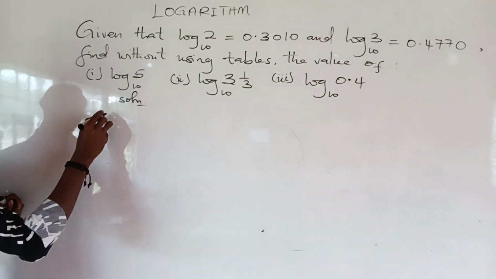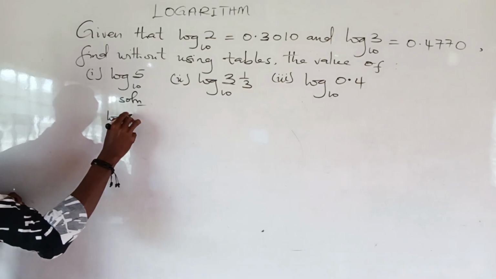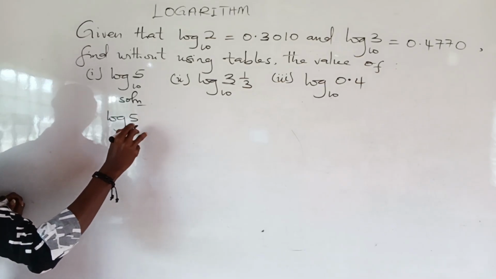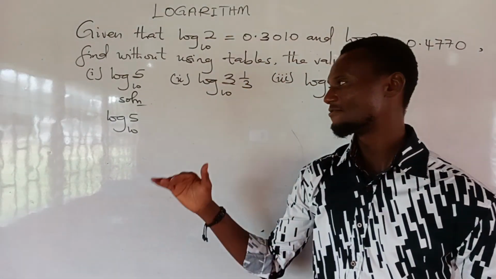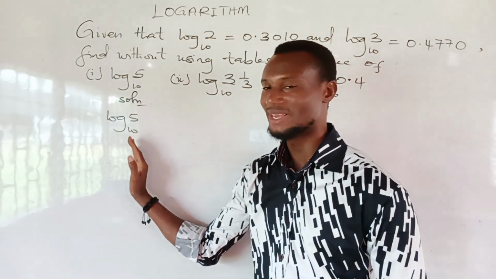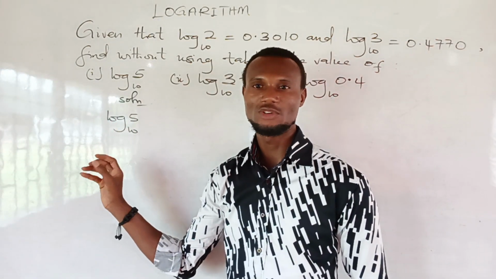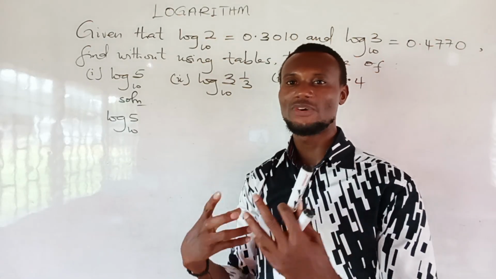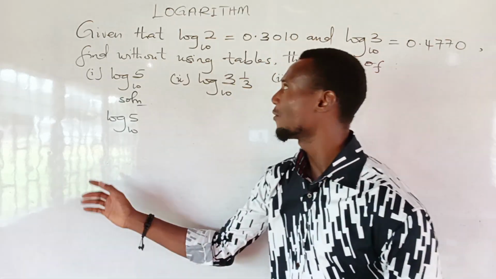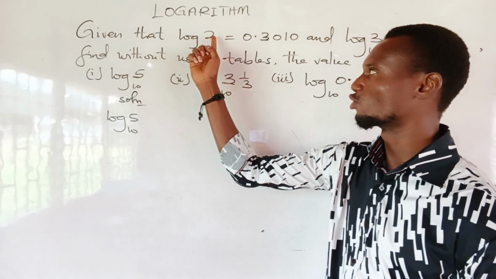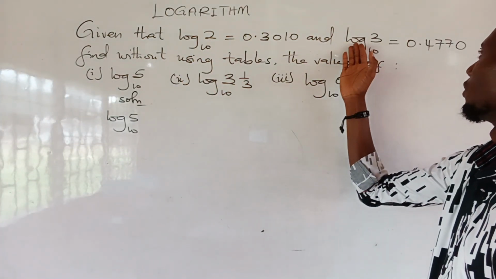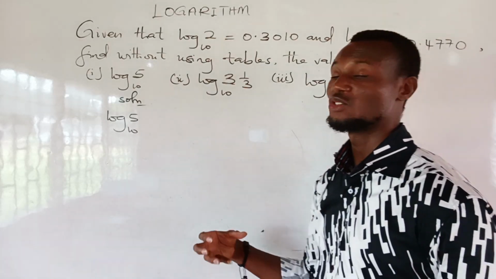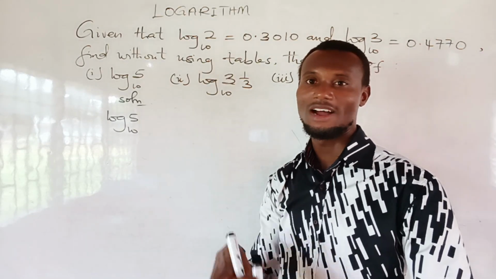So I have my log 5 to the base 10. Now, before we can get the value of log 5 to the base 10, we need to express it in the form where we are going to have the log 2 to the base 10 in it and also the log 3 to the base 10 in it, so that we can substitute our values.